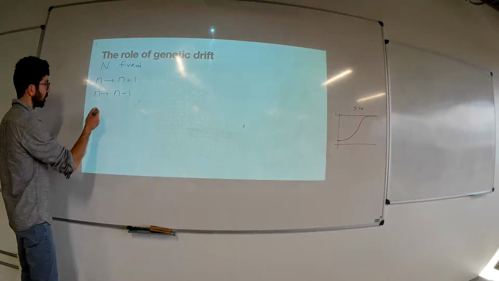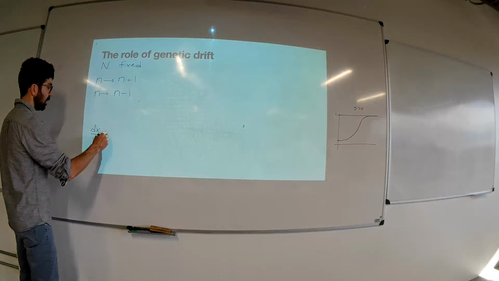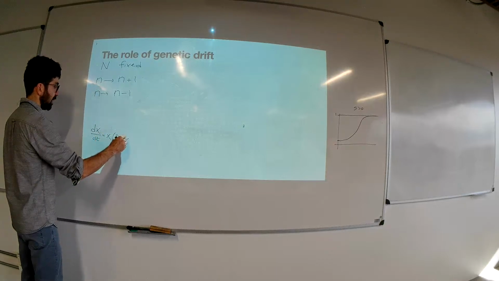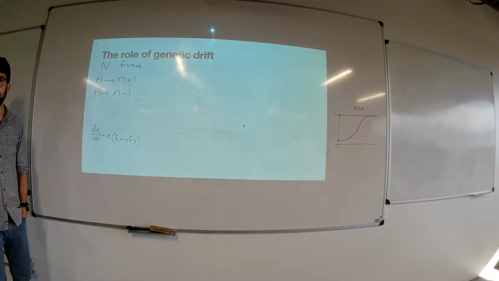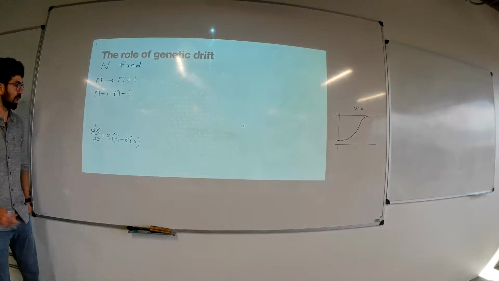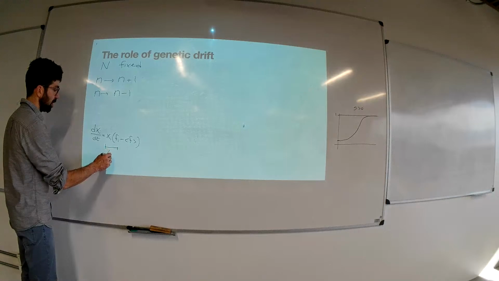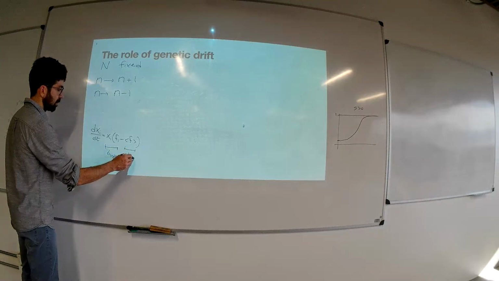So what we wrote earlier is something like dx_i over dt equals x_i times (f_i minus f̄). In a very naive, simple approach, I can interpret this first term as related to birth, and this one as related to death.